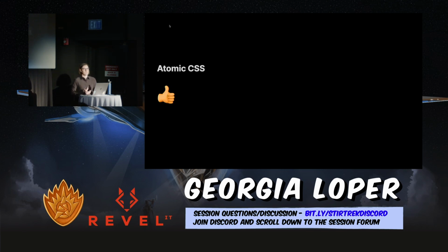So the pros of Atomic CSS are that there is a finite amount of CSS that you'll ever have in your application. You'll create all the styles, all the classes you think you'll ever need, and then reuse those everywhere. And that allows us to stop inventing class names, remembering some arbitrary naming scheme.